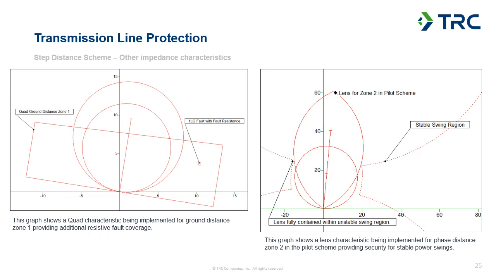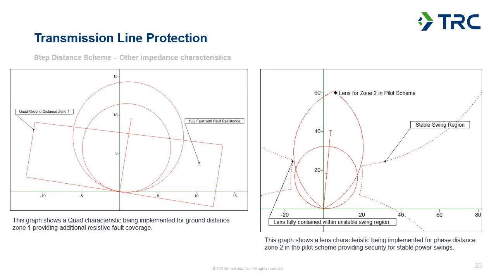That allows you to provide a much wider characteristic for resistive fault coverage that you otherwise might not be able to have with a traditional Mho characteristic.